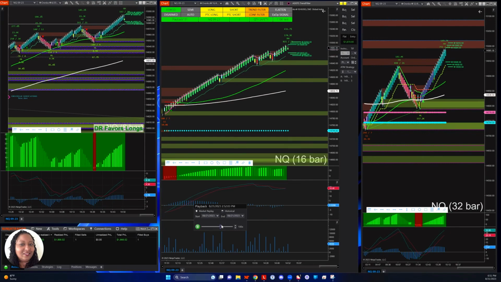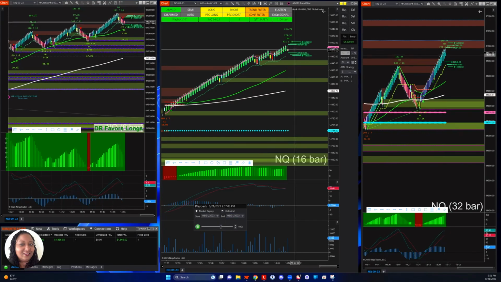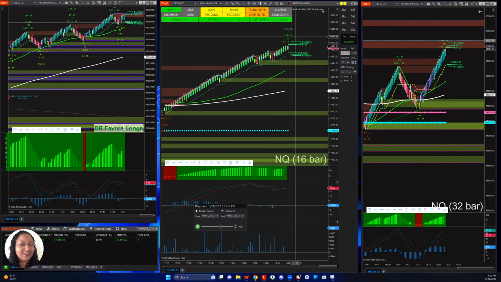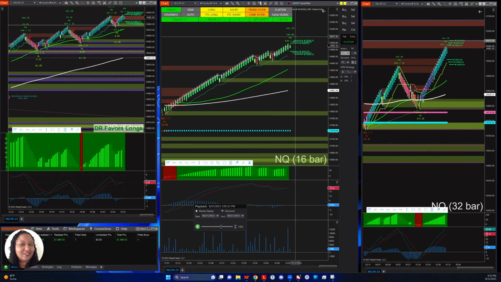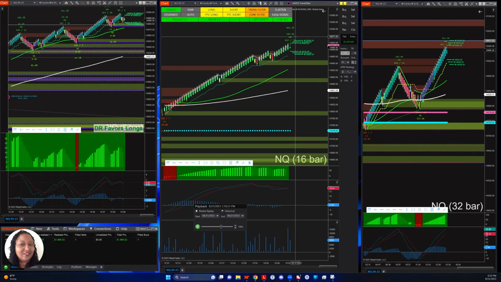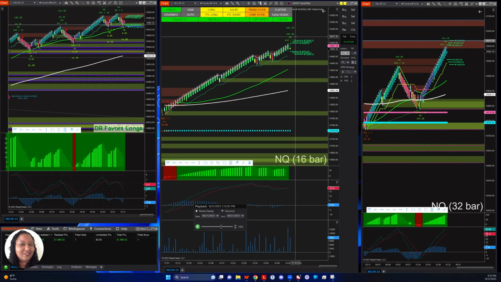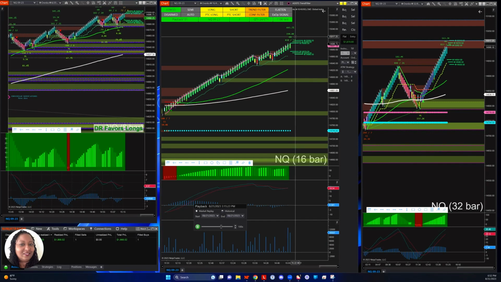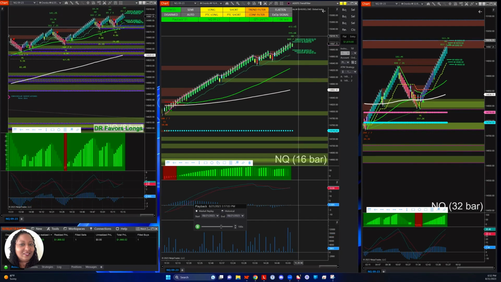Bearish PTC signal. So 900 is bullish signal. Might be at the top. It's got to be. Unconfirmed bearish PTC signal. Bearish PTC signal. Bullish signal.